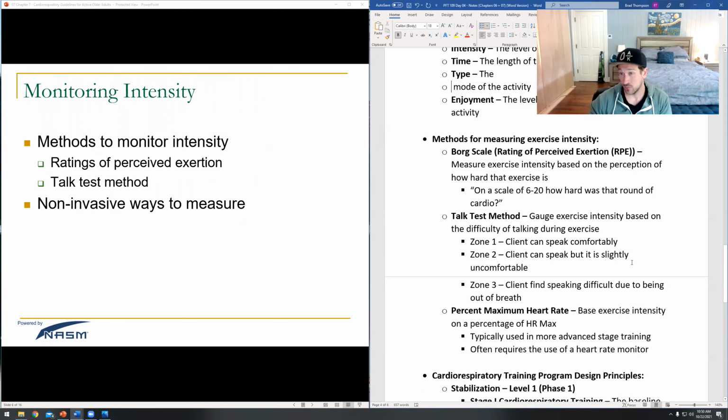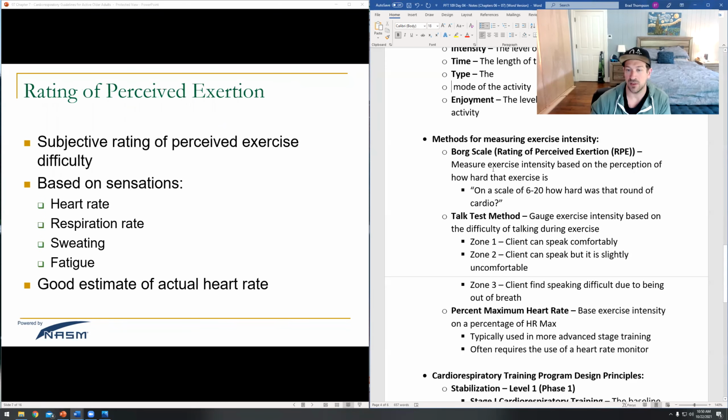So anyway, we monitor intensity. We love the zones. We're going to talk about the zones today, but we also really like these other two methods as well. One of them is going to be the rating of perceived exertion, or RPE scale. This is more commonly named after the guy who labeled it. It's called the Borg scale. It measures exercise intensity based on the perception of how hard that exercise is.